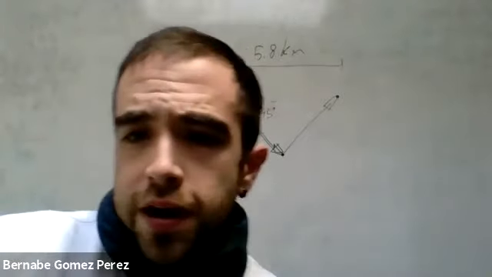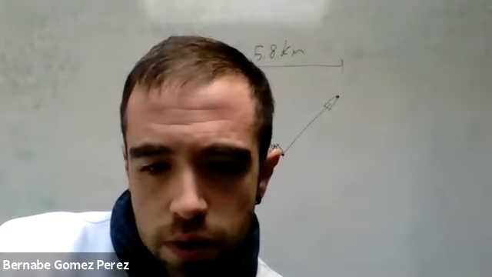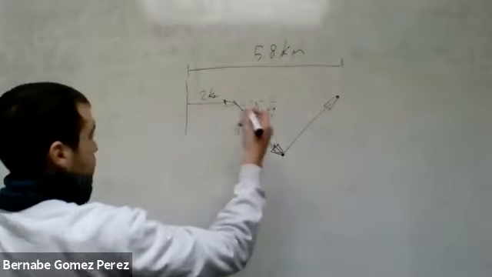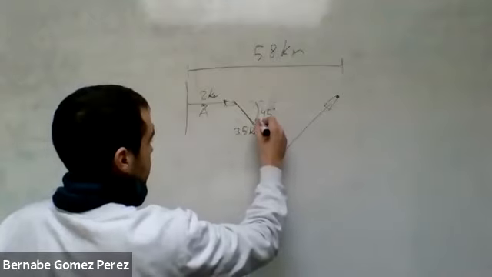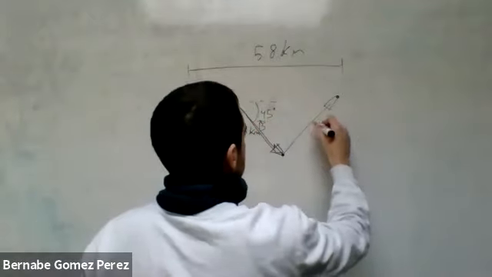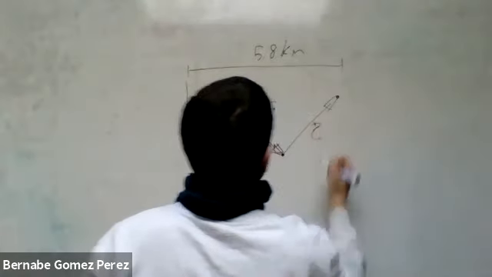Let's call this vector A. I'll call the second displacement vector B, and the third one C, the one that we want to figure out.